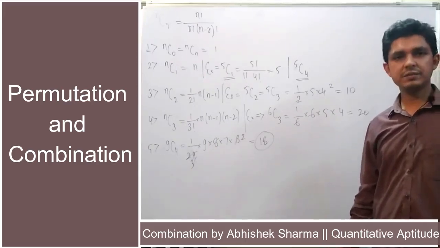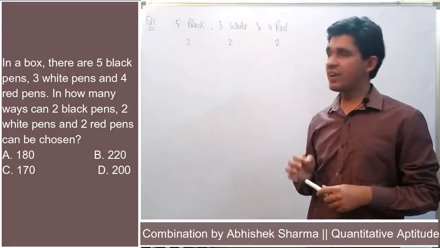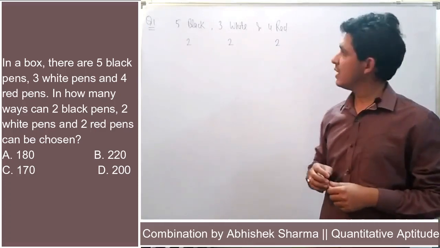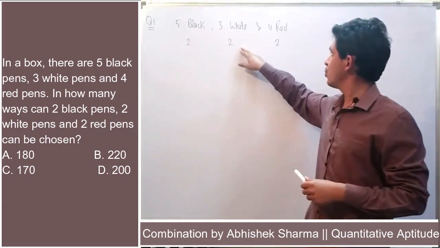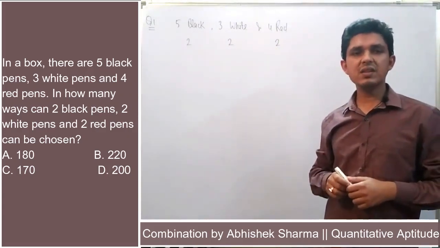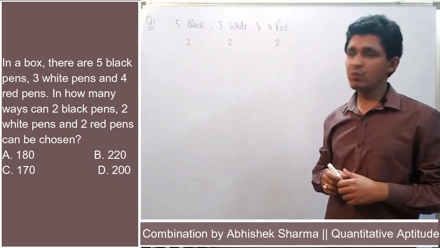Okay, let us check. My first question is: in a bag I have 5 black, 3 white and 4 red balls. In how many ways can we select 2 black, 2 white and 2 red balls? As we discussed, the formula of selecting is NCR, so we can simply use the formula in the question.